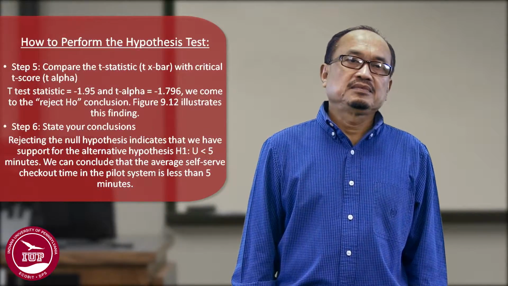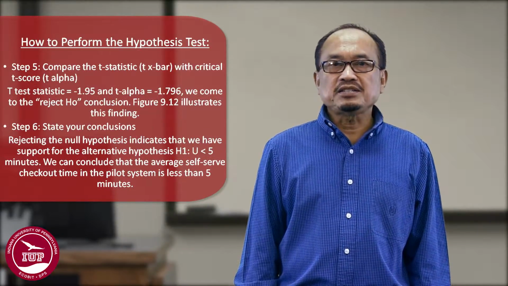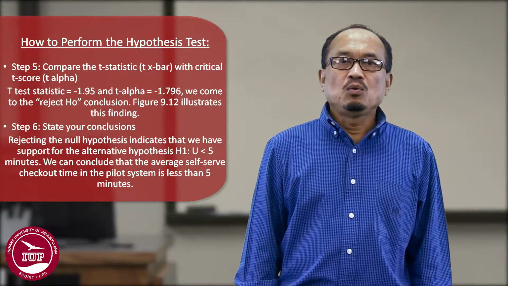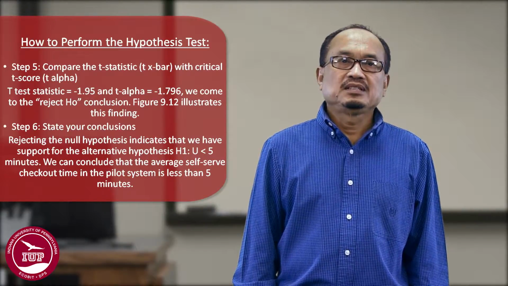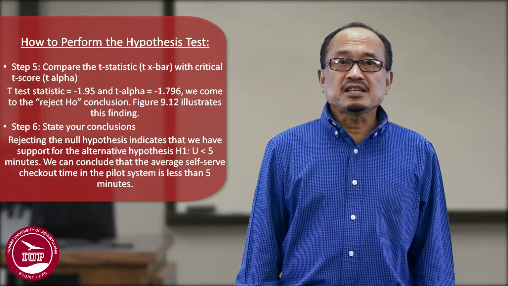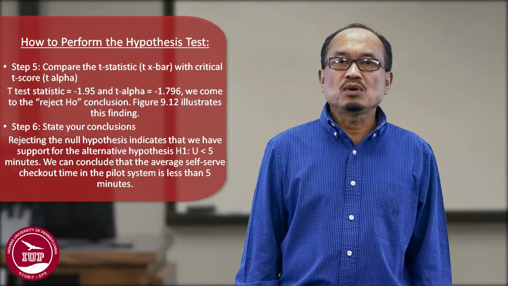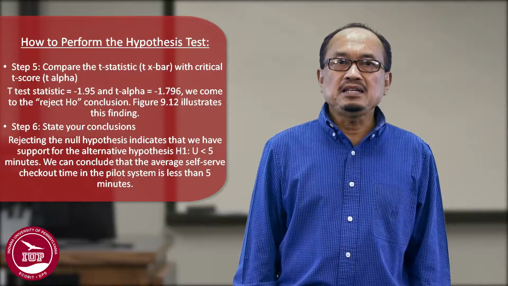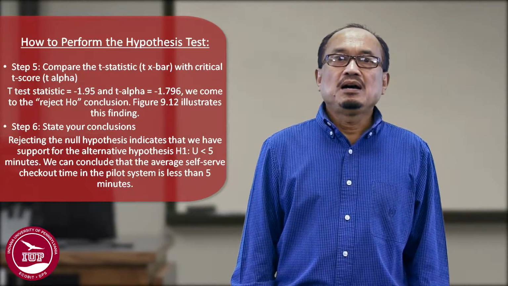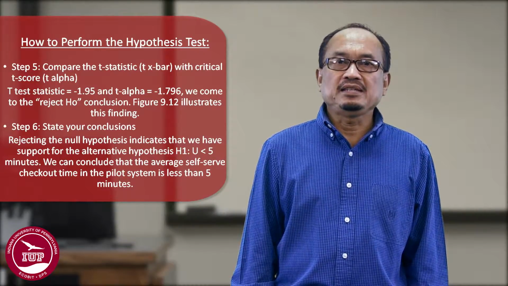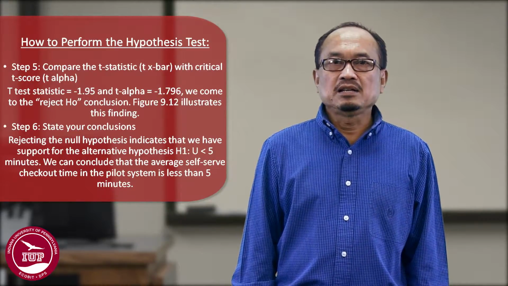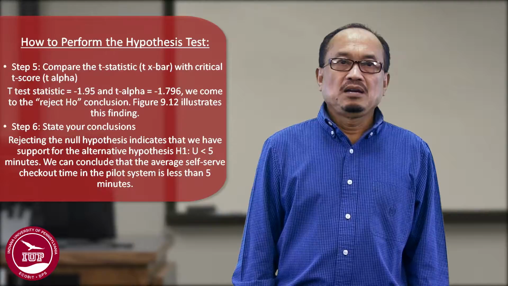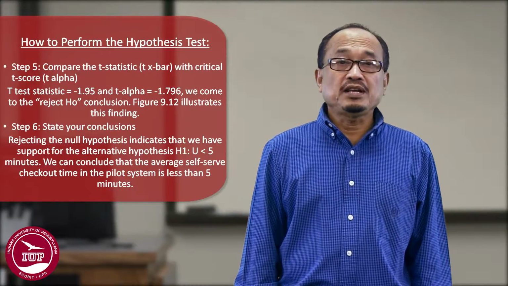Step 5. Compare the t-statistic, t of x bar, with the critical t-score, t alpha. The t test statistic is equal to minus 1.95 and t alpha is equal to minus 1.796. We come to the reject-H0 conclusion. Figure 9.12 illustrates this finding.